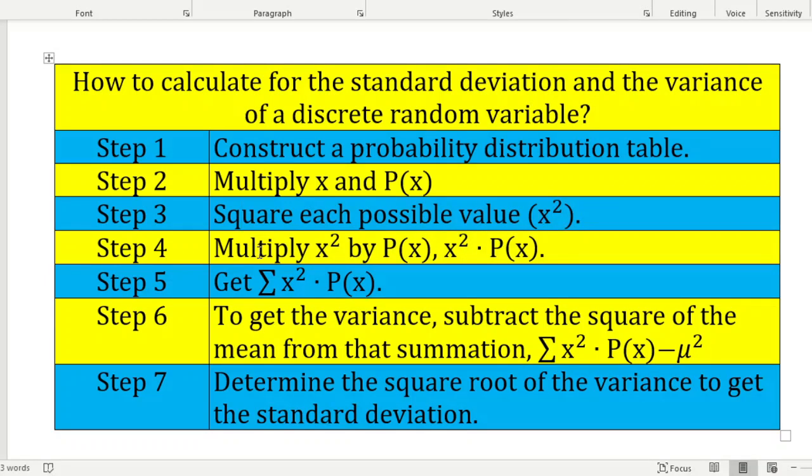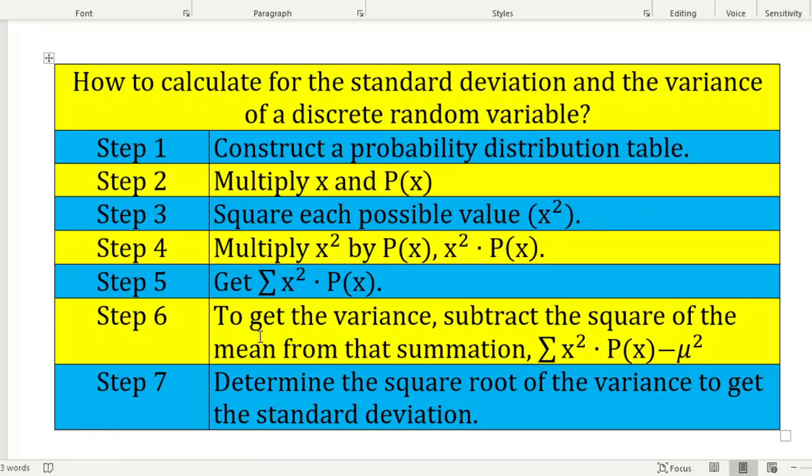Step 4, we multiply the square of each possible value by its corresponding probability, and we have x squared times the probability of x. Step 5 is to get the summation of the products of the square of each possible value and its corresponding probability.